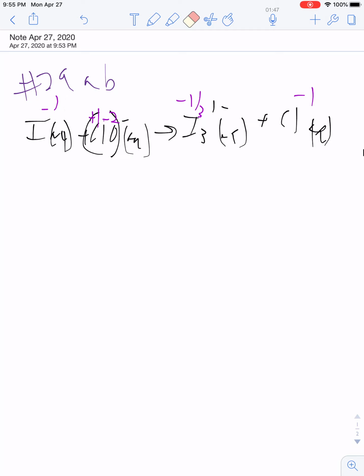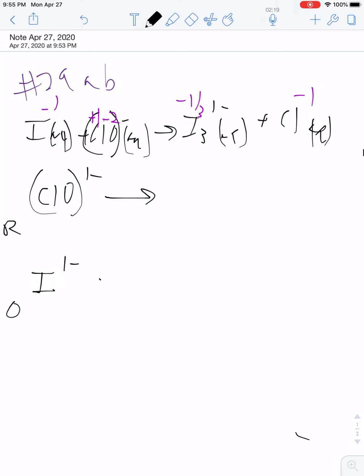Okay? So now we have to look at who's being reduced and who is being oxidized. The chlorine is being reduced. It's going from a +1 to a -1. So this is my reduction. And then the iodine is getting oxidized.